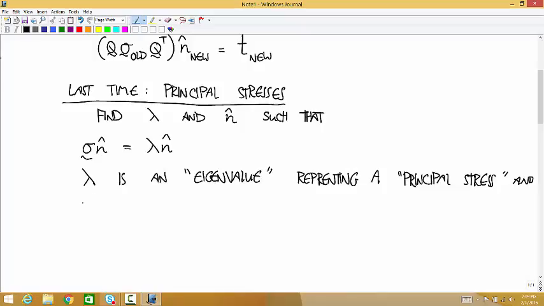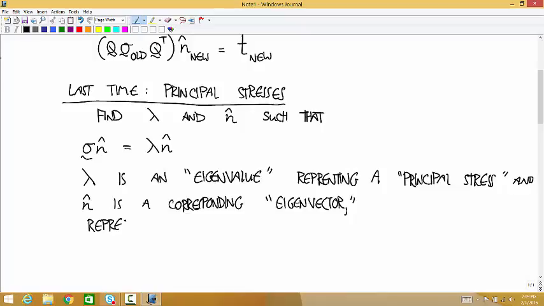And n is a corresponding eigenvector representing a principal axis.